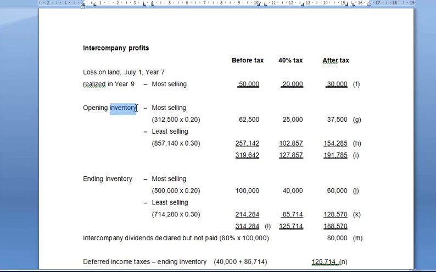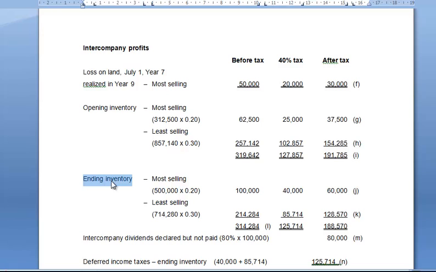So why am I looking here? Well, first of all, I like to separate these out by looking at opening inventory profit. So any profit sitting on inventory that's either sitting in most inventory or leased inventory at the beginning of year 9 that hasn't yet been sold outside to third parties. And I also like to separate that from the ending inventory.